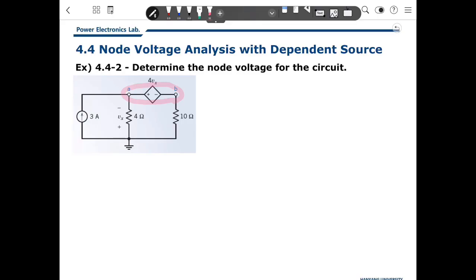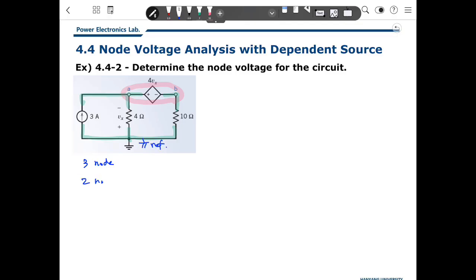First, I want to check how many nodes there are. This is node 1, this is node 2, and this is node 3. There are 3 nodes, and I choose one as the reference node.